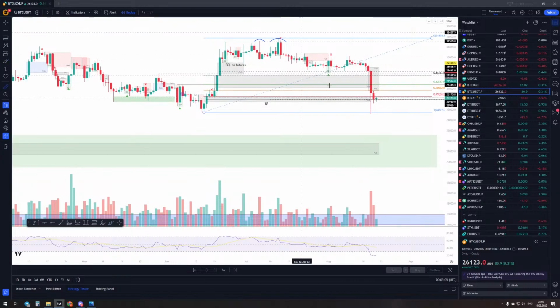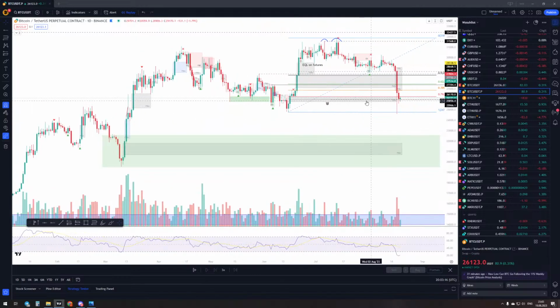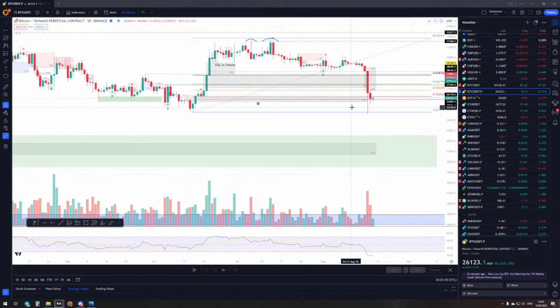It went down on this day almost 15% without any major news, just down. And right now we have tons of people that have been shorting, and many people have been waiting for Bitcoin in this area.